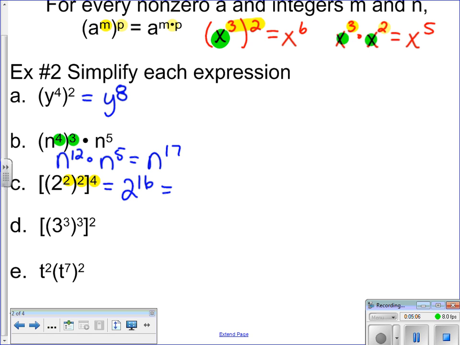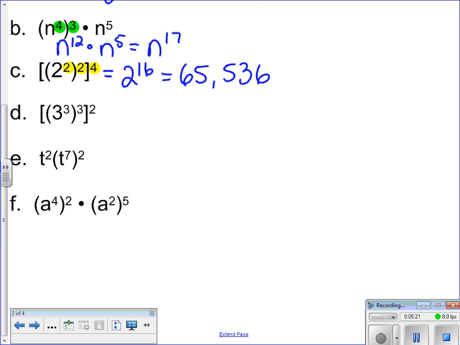So 2 to the exponent 16 makes 65,536. All right, you should try problems D, E, and F.